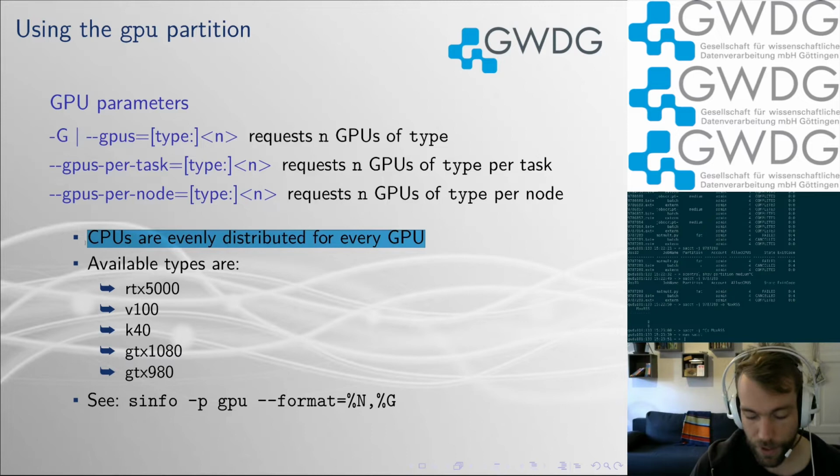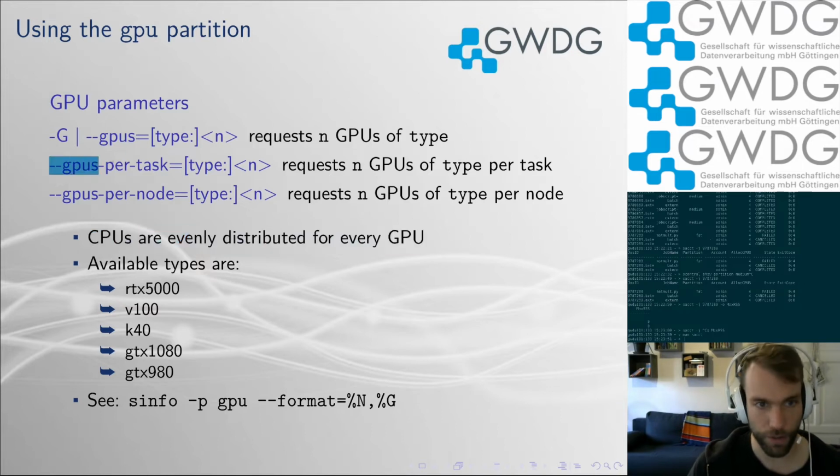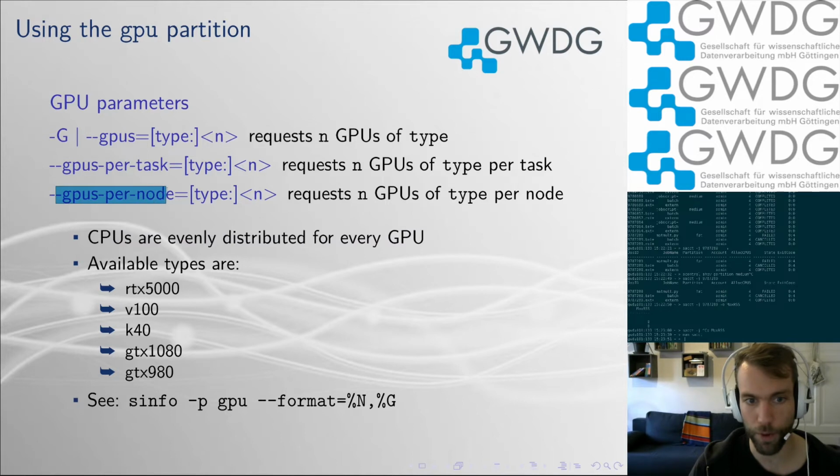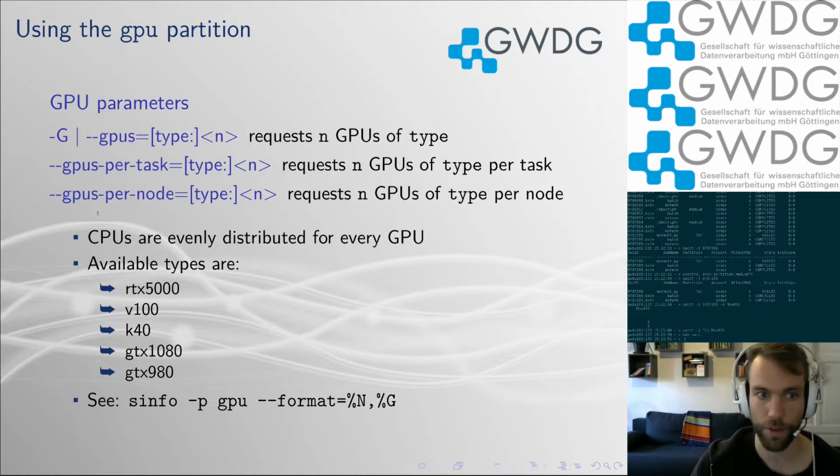You don't have to ask for them, but you can also say, I want to have that many CPUs. That also works. You also have GPUs per task if you have multiple tasks, and GPUs per node if you have multiple nodes. But 99% of our GPU jobs are single node with a few GPUs.